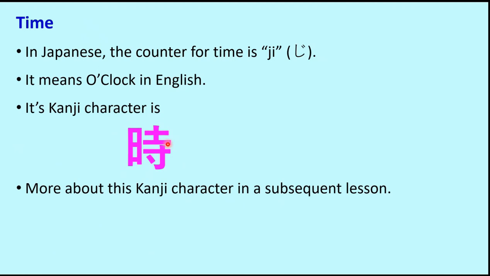So because of that, this composite character has been accepted as representing the counter for time. We will discuss it in more detail when we do our lesson in kanji. For the time being, just remember that this symbol represents time and it is pronounced as ji.